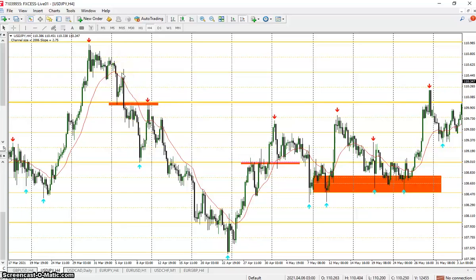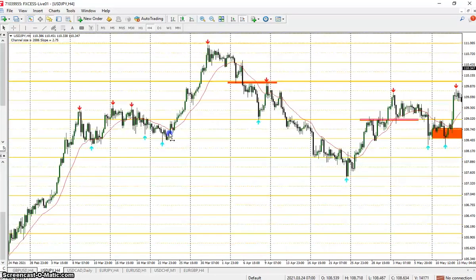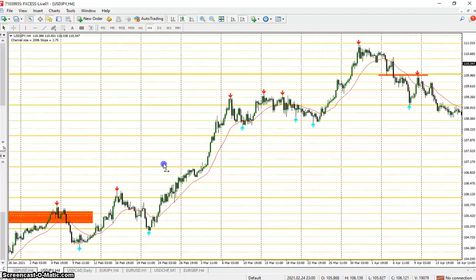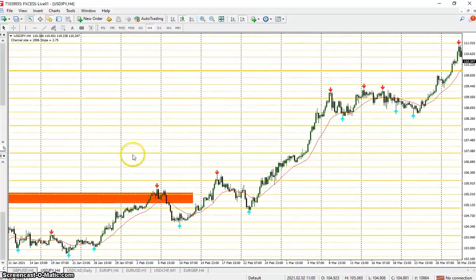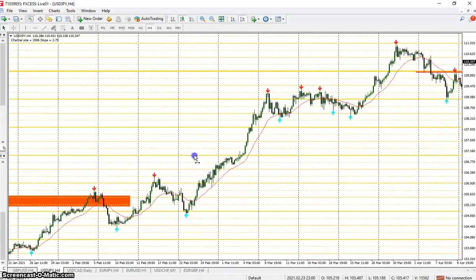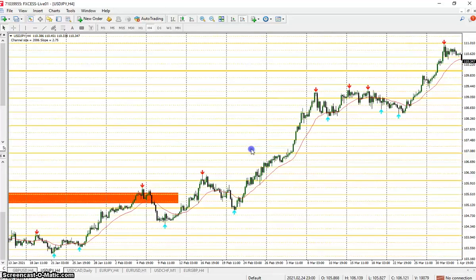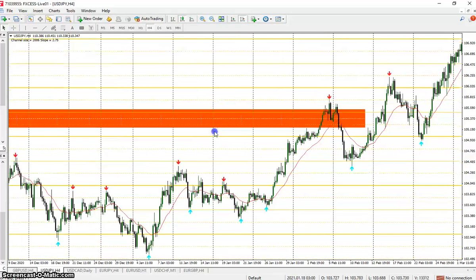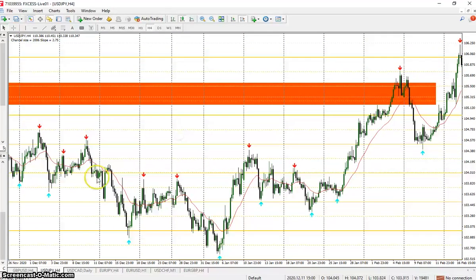Once you see this one, nothing will hold you from entering. You just enter. Price taps it and just drops. You keep winning all the time. I'm not saying there will be no mistakes. You are going to have mistakes, but your mistakes will be small, especially when the market condition is very favorable.